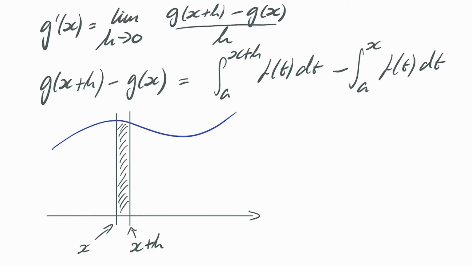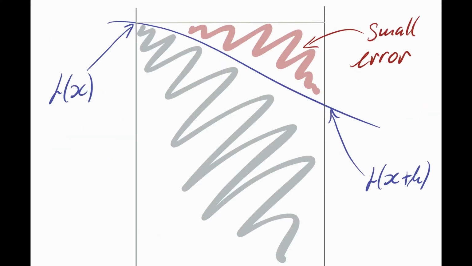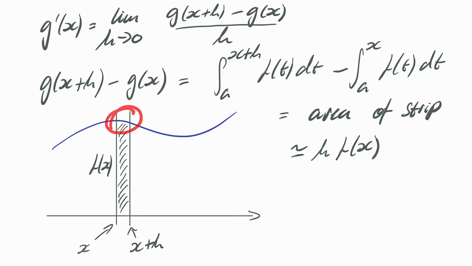So this equals the area of the shaded region. And this is approximately equal to, on the left-hand side, the function height is f of x, and the width of it is h. This is approximately equal to h times f of x, with some small error owing to the change in the function value in this region.